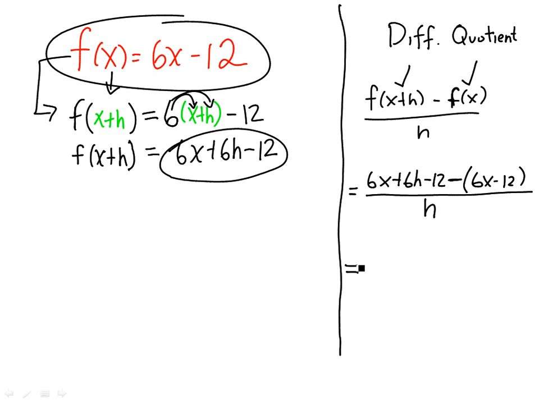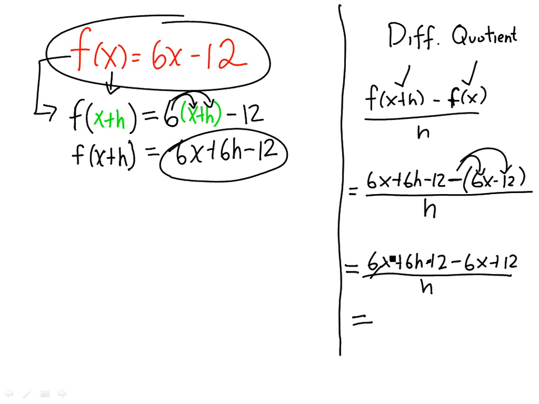Now we only have to simplify. So that's 6x plus 6h minus 12, then we distribute this negative and get minus 6x plus 12, all divided by h. This is when things should start canceling out. That's how you know you're on the right track.